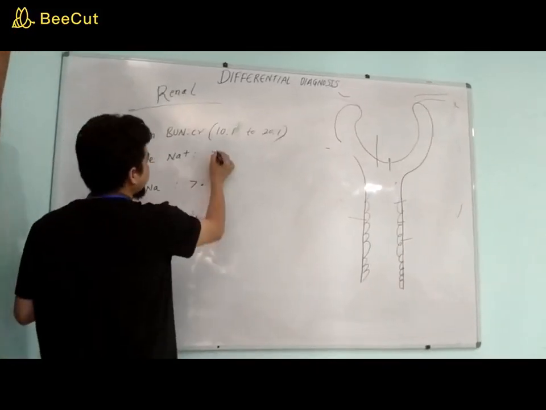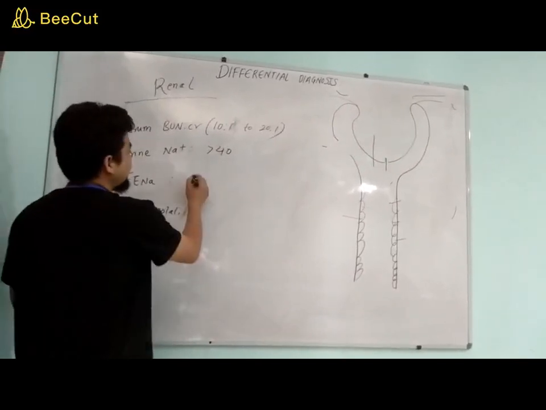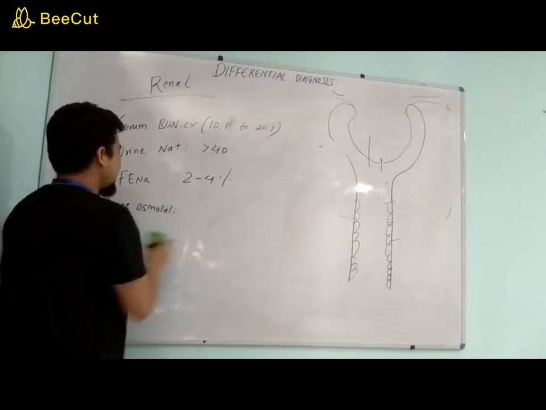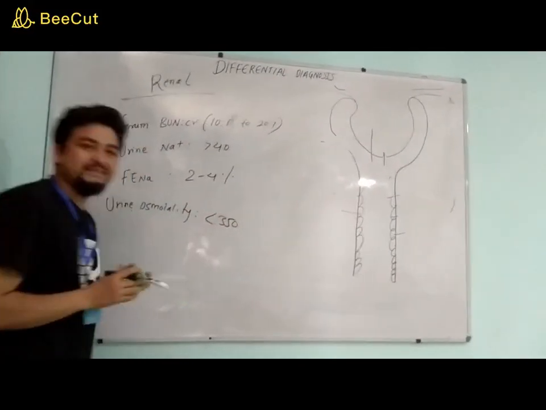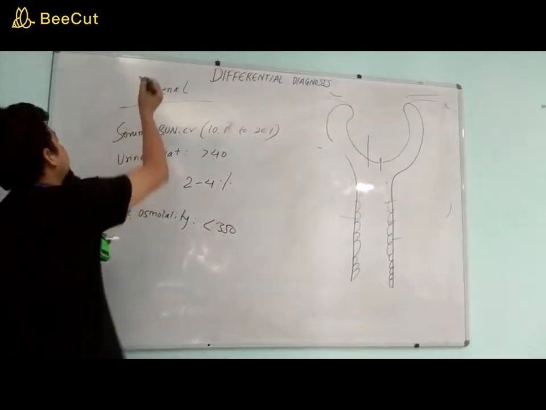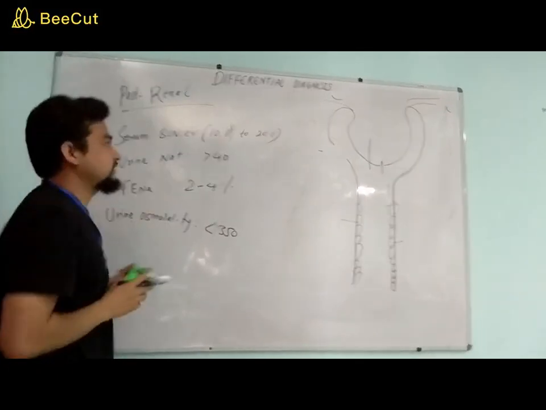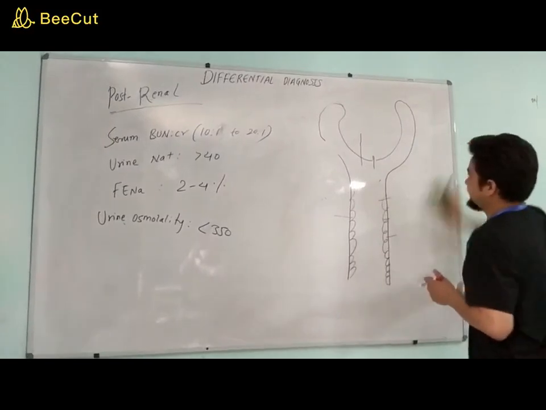Urine sodium will be greater than 40, fractional excretion of sodium will be 2 to 4%, and urine osmolality will be less than 350. So let's discuss the reason behind this and how it happens.